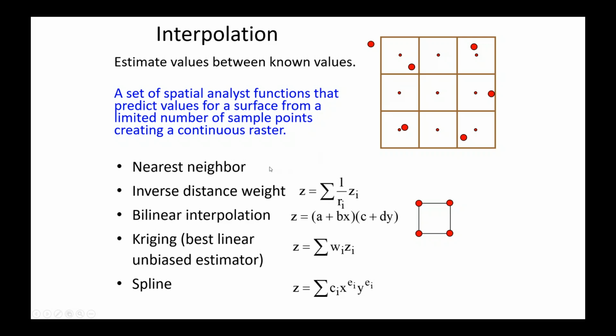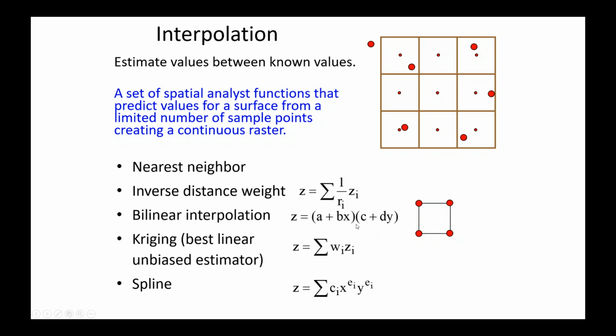There's a number of approaches. Nearest neighbor is what seems to be the default in ArcGIS, and that would result in a sort of stair-stepped type surface. You might have an inverse distance weighting approach, or some sort of a bilinear approach that fits a linear surface in each direction, the x direction, the y direction, then multiplies them together.